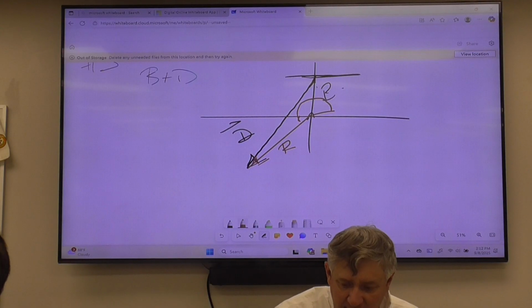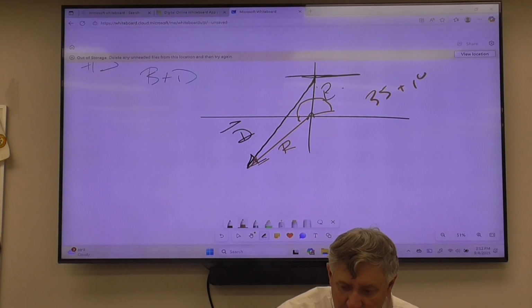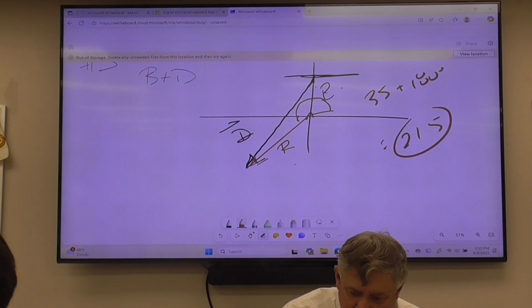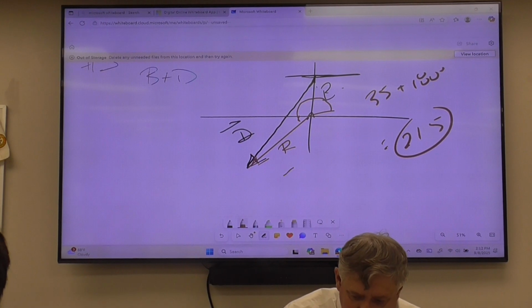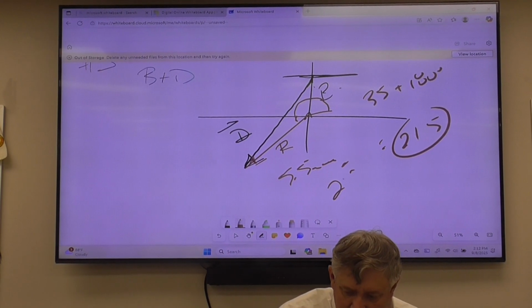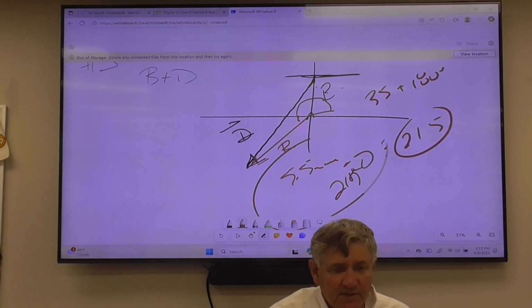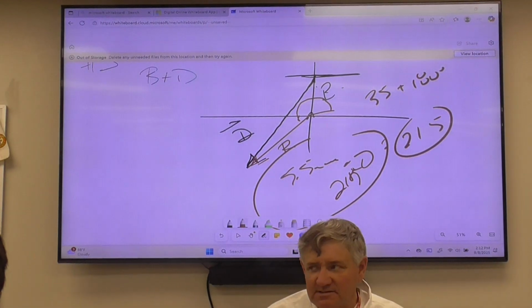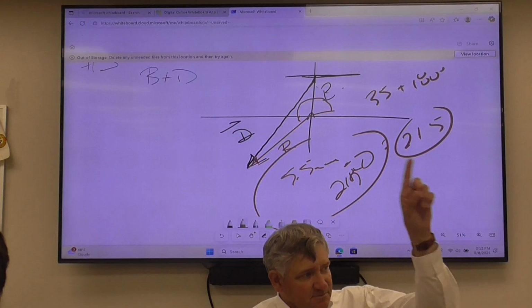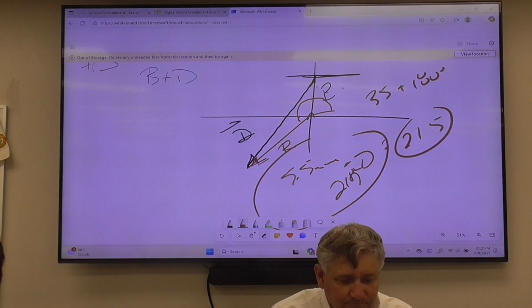So then I'm going to take 35 plus 180 and go, oh, that's 215 degrees. So my resultant is going to be, I don't know, 5.5 centimeters at 215 degrees. That's a very, very crude estimate. Don't think that's the answer. For God's sakes, that is not the answer. Okay? That's just the process that you're going to do.